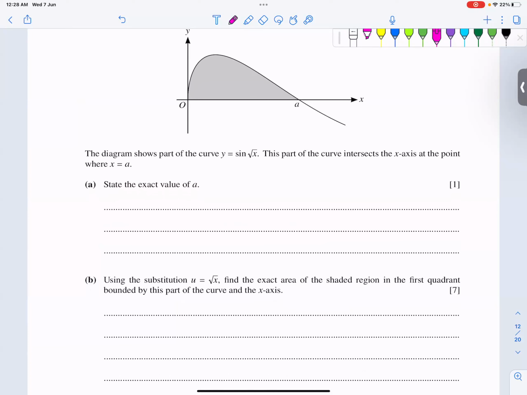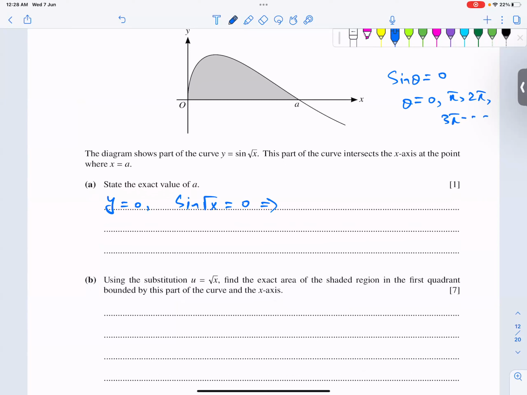If it's intersecting with the x-axis, it means its y is 0. So put y is equal to 0. Sine square root x is equal to 0. This means that if sine theta is 0, then theta is either 0 or pi or 2 pi or 3 pi and so on.